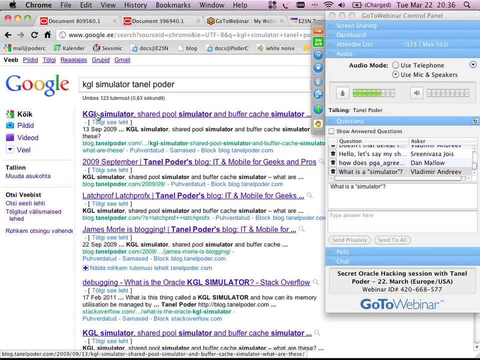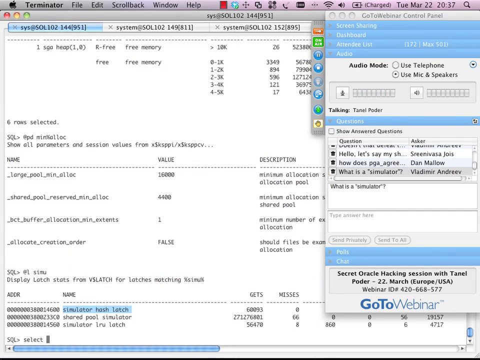If you remember which cursor was in memory in the past, then when you have to reload and reparse it, you know that, hey, I'm reparsing something which already was in memory. Therefore, if my shared pool was somewhat bigger, I wouldn't have to do this reparsing work again, and I would save time. So all the advisors, the library cache, shared pool and buffer cache advisors, work on simulators.